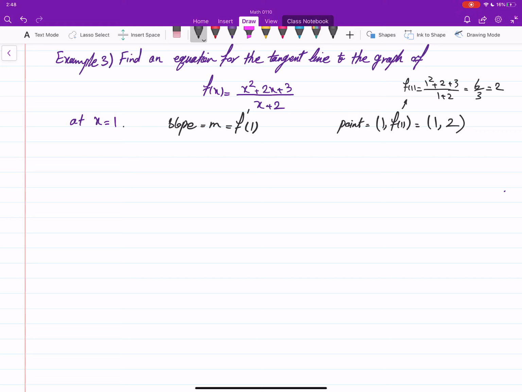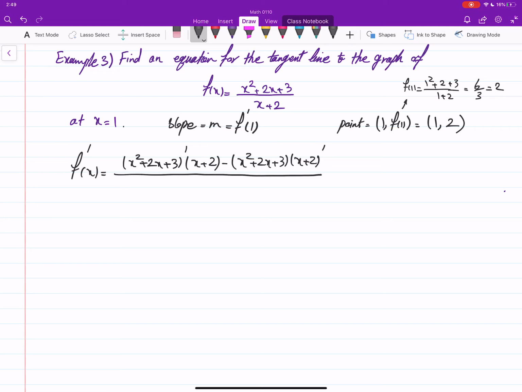Okay, so we need to find f prime of x. This is a quotient, so we have to apply the quotient rule: the derivative of the numerator times the denominator, minus the numerator itself times the derivative of the denominator, over the denominator squared.